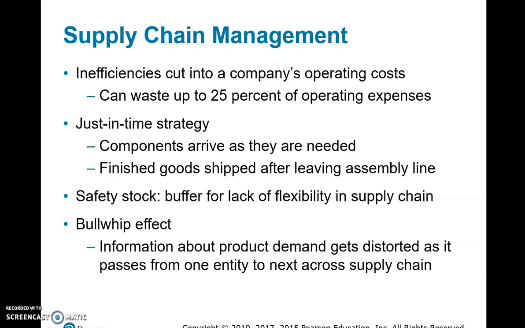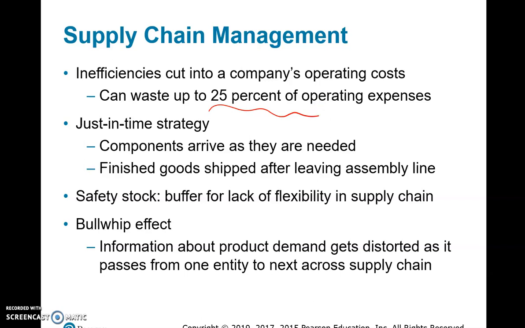The problem with the supply chain is that any inefficiency in this whole supply chain, right from the tier 3, tier 4 suppliers all the way to the customer, cuts into the company's operating costs. It can waste up to 25% of operating expenses, but this is just an estimate. It can be more.